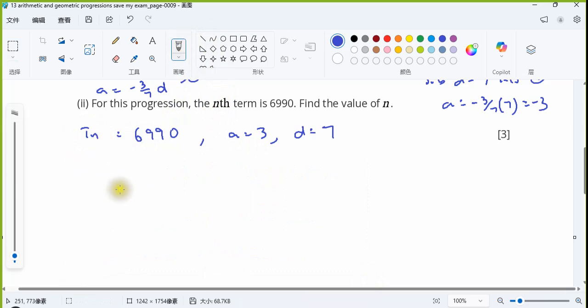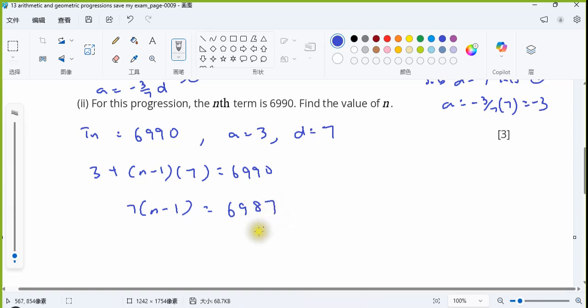The question tells us the nth term, not the sum of n terms. So this is Tn. We have negative 3 plus n minus 1 times 7 is 6990. So 7 times n minus 1 is 6990 plus 3, which is 6993.